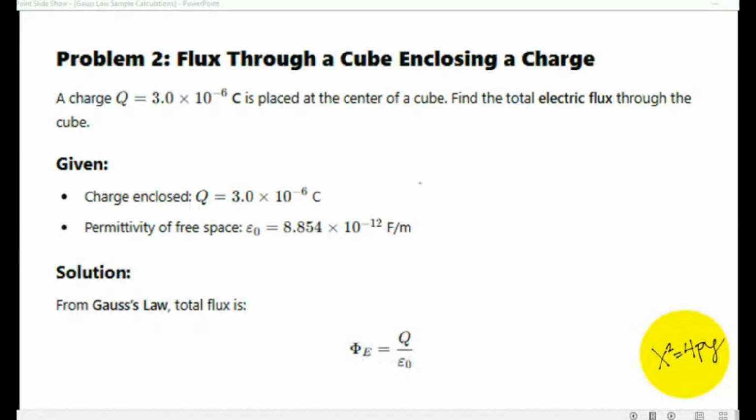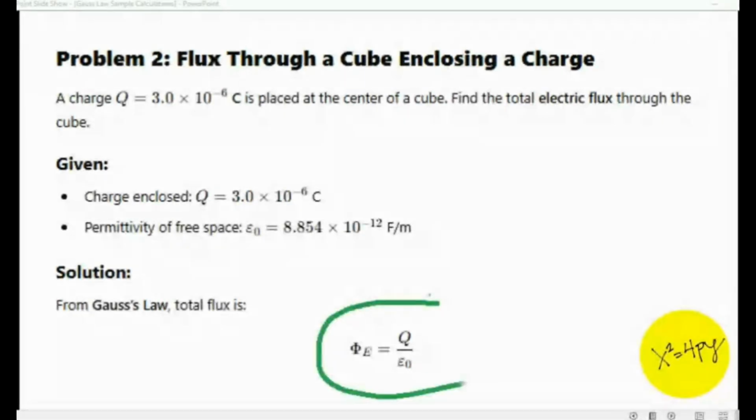We have to find the total electric flux through the cube, with the given values of enclosed charge, 3.0 times 10 raised to negative 6, and the permittivity of free space, 8.854 times 10 raised to negative 12 farad per meter. In this problem, we will be using the formula for total flux, which is the total flux equals the total charge over the permittivity of free space. So you just need to substitute the values and then you will have the answer.